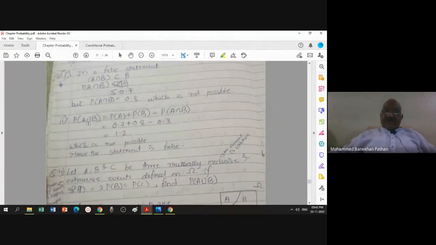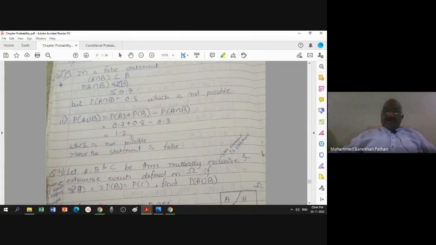Probability of union equals P(A) plus P(B) minus P of intersection. This is a theorem which was proved by us. Put the numbers 0.7, 0.8 and minus 0.3. The calculation comes to 1.2.